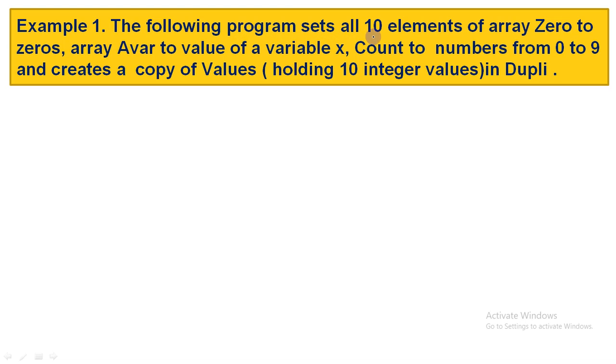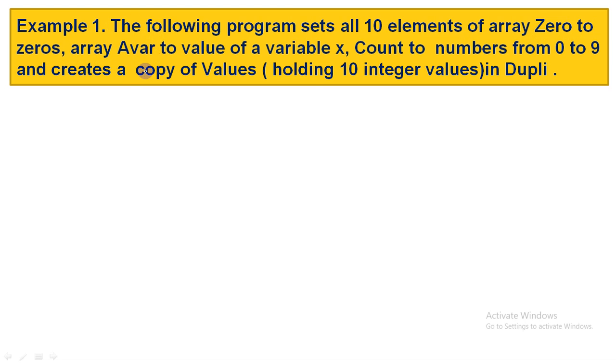The following program sets all 10 elements of an array named 0 to zeros, sets array a variable to the value of a variable x, sets an array count to numbers from 0 to 9, and creates a copy of values holding 10 integer values in a duplicate array. So here the names of arrays are given in such a way that they give a notion of what exactly they contain. 0 is the name of an array which contains 10 zeros.